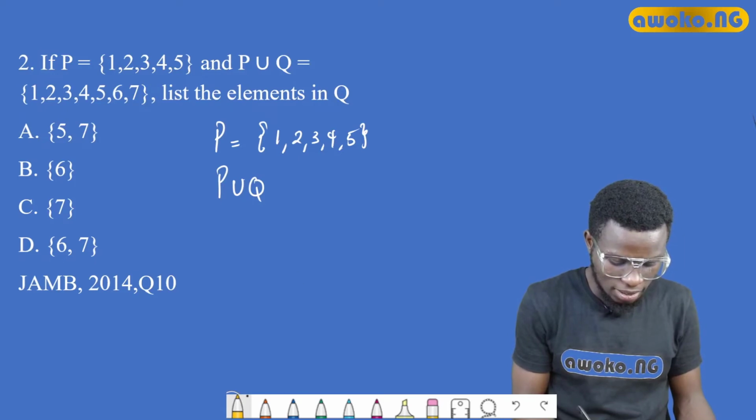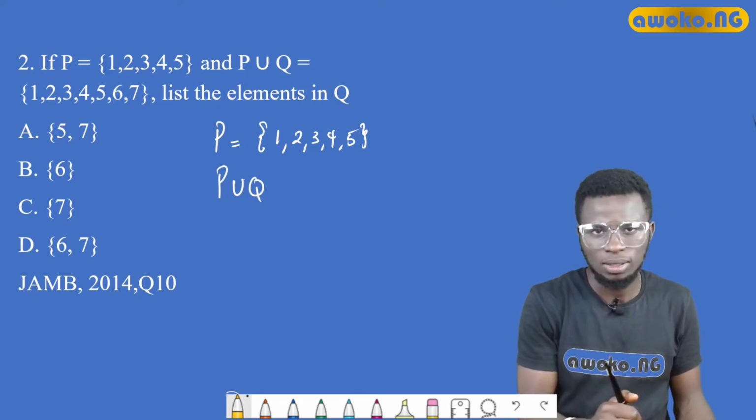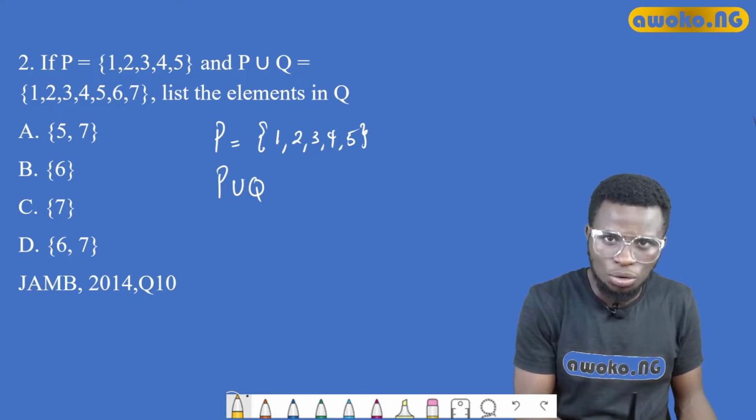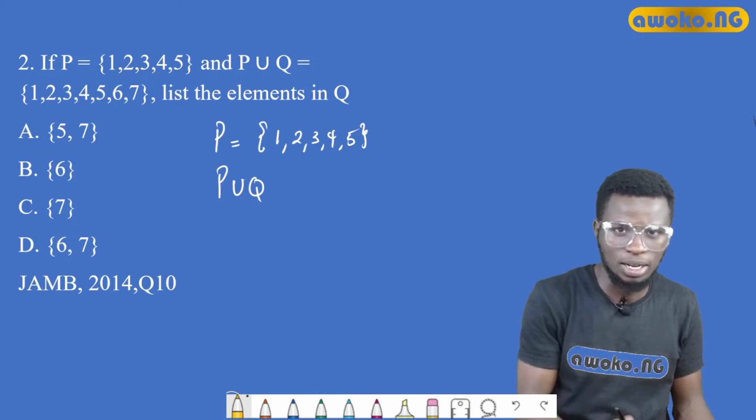So we are asked to find the elements in P union Q that would complete set Q to give P union Q back.